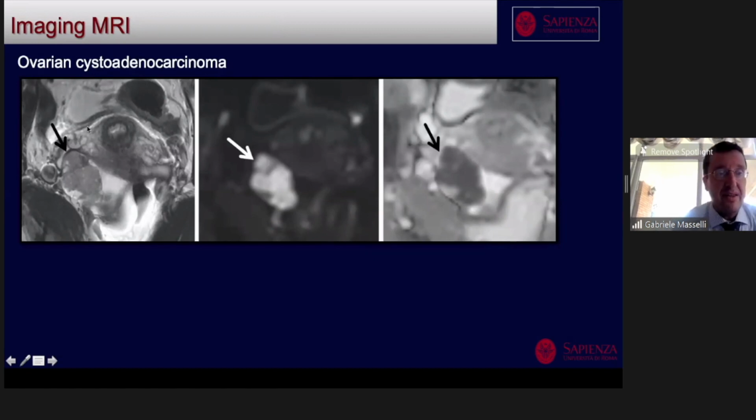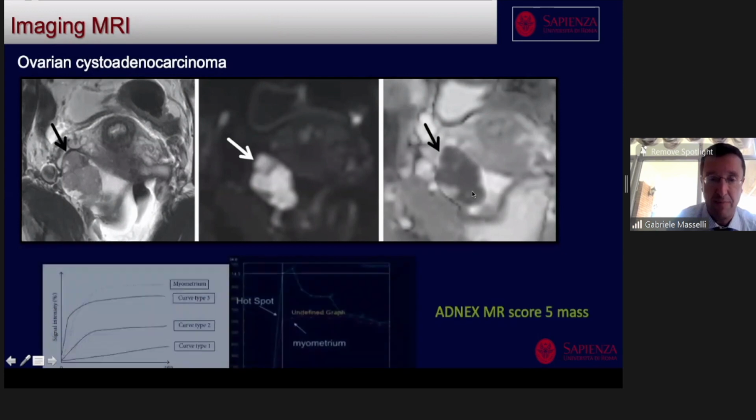This is a characteristic MRI finding of ovarian cystadenocarcinoma. You see a heterogeneous right adnexal lesion characterized by low intensity on T2 weighted images, with restriction of the diffusion, high signal on the b-value with low ADC map.